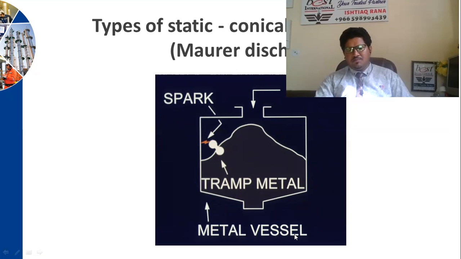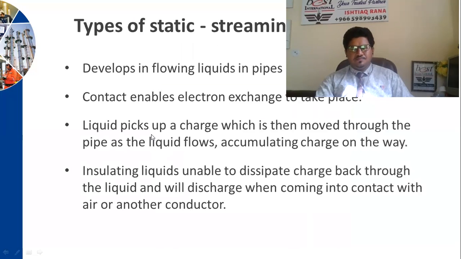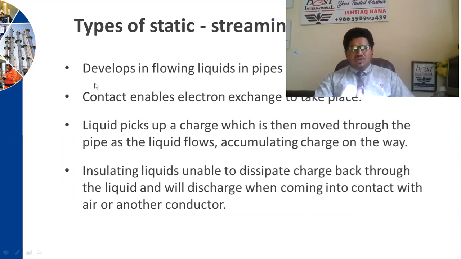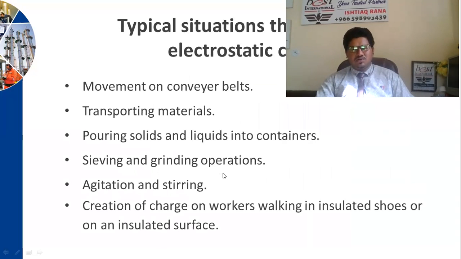Spark: we have solid, we have a metal vessel, we have tramp metal. Streaming current: charge develops in flowing liquids and pipe friction. Contact enables electron exchange to take place. The liquid picks up a charge, which is then moved through the pipe as the liquid flows, with a cumulative charge on the way, or an insulating liquid unable to dissipate charge.